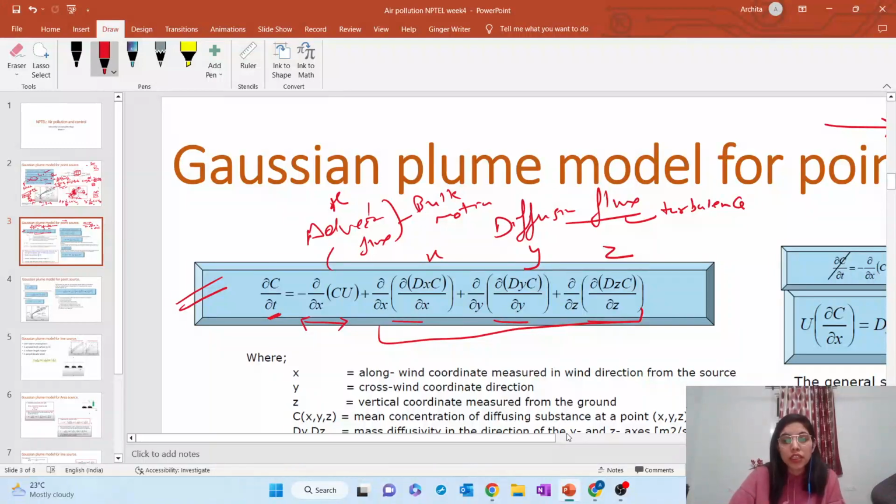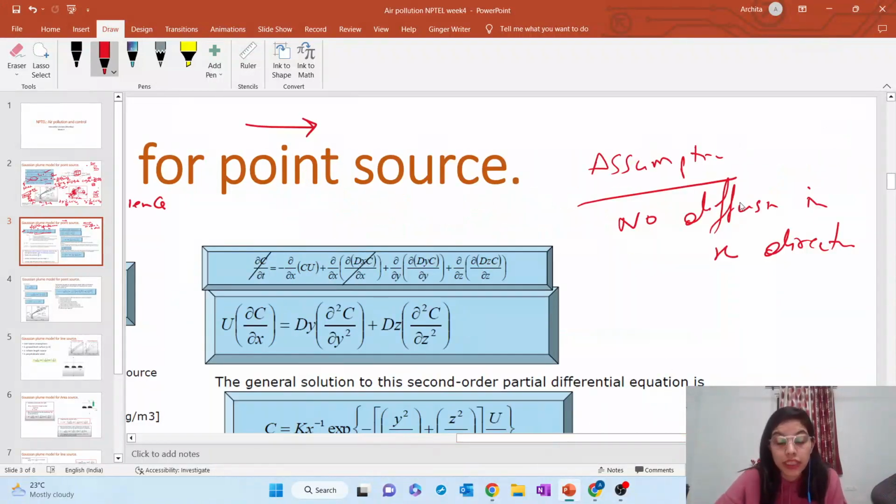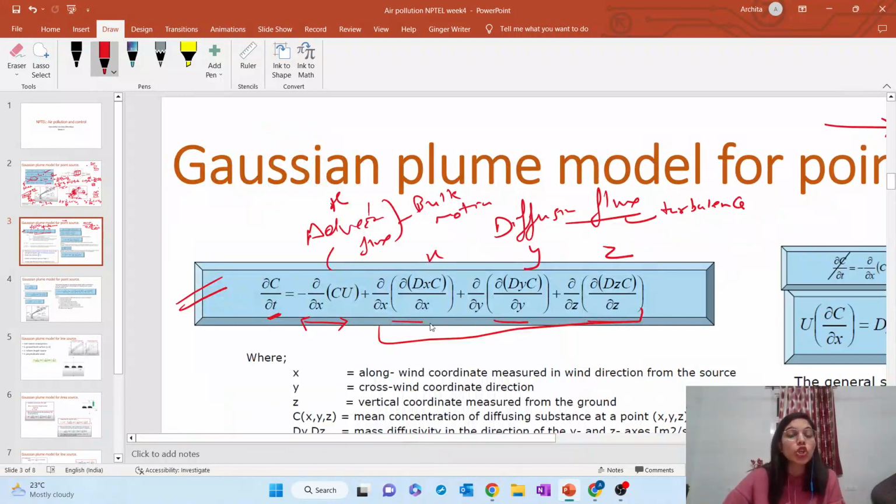But in the lectures it was said that we assume there is no diffusion in the x direction, that is, in the direction of motion there is no diffusion happening. What will happen? This will cancel out, so this whole term becomes zero.